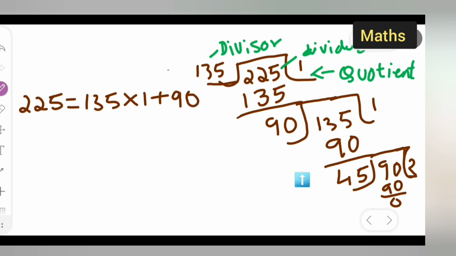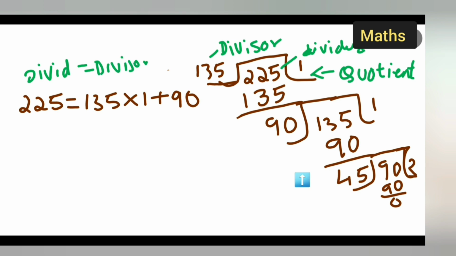Here I have applied that dividend is equal to divisor multiplied by quotient plus the remainder. So 225 is your dividend, 135 is your divisor, the quotient is 1 and the remainder was 90.